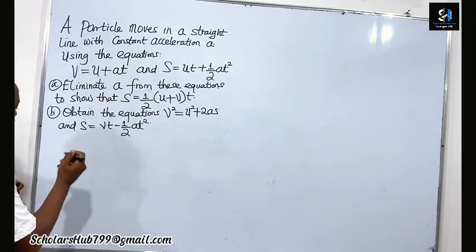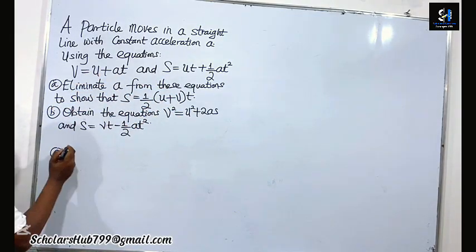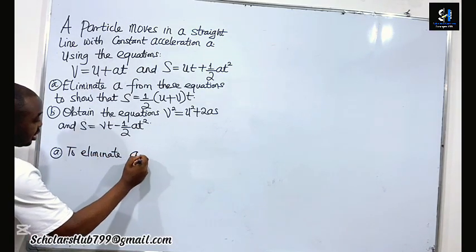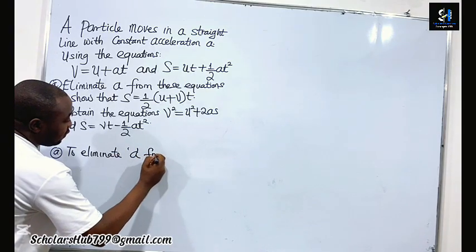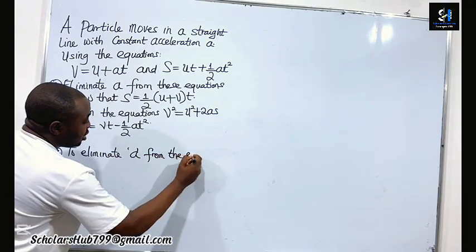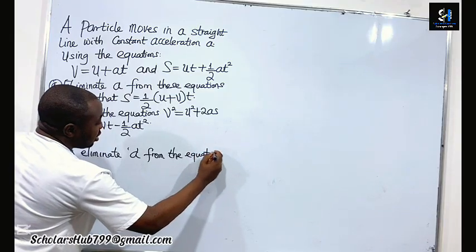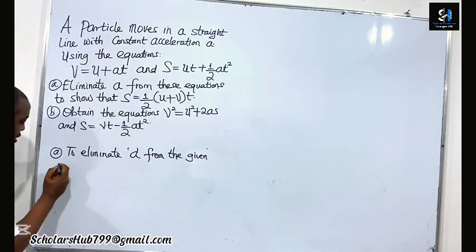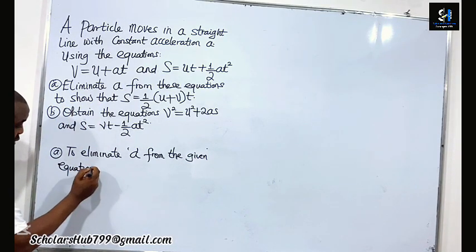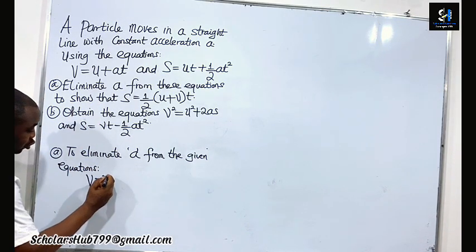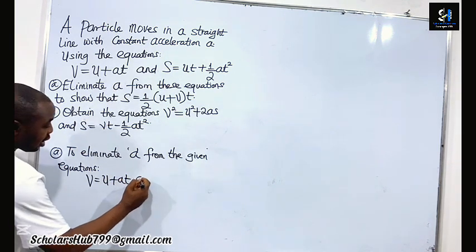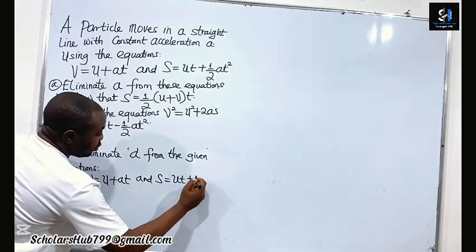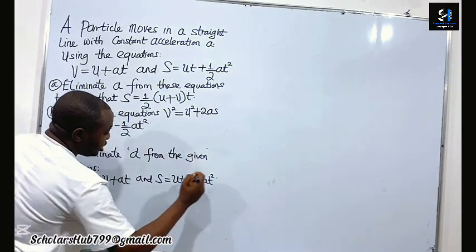To eliminate a, that's acceleration, from the given equations, we have v equals u plus at and s equals ut plus 1/2 of at squared.